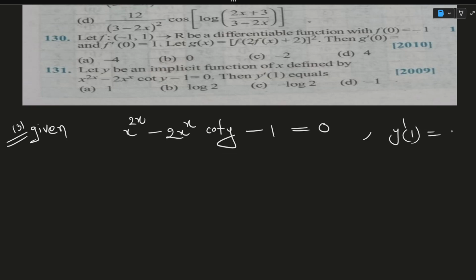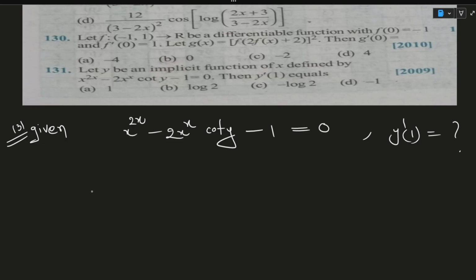So here we are given that x to the power 2x minus 2 to the power x to the power x cot y minus 1 equal to 0, and we are asked y dash, y x of 1 equal to what.